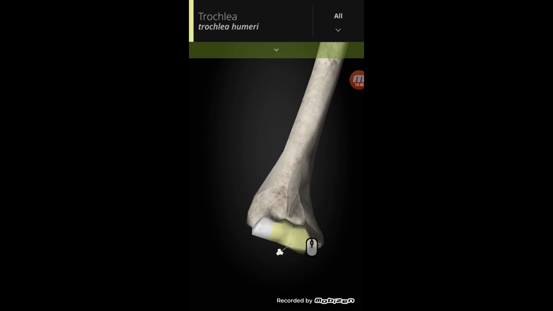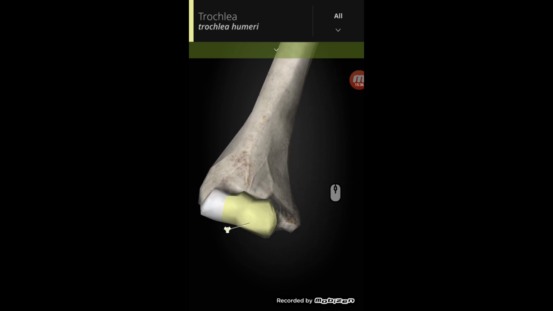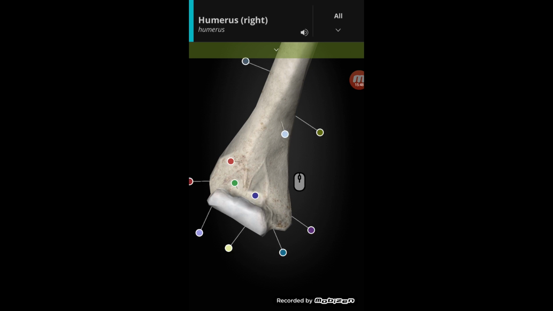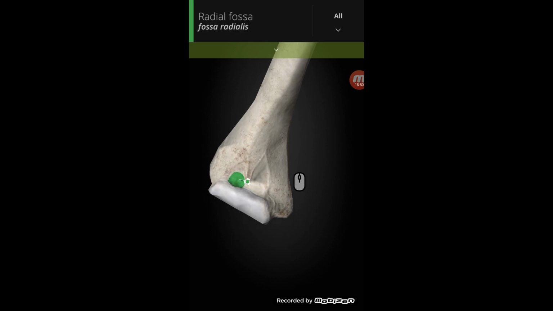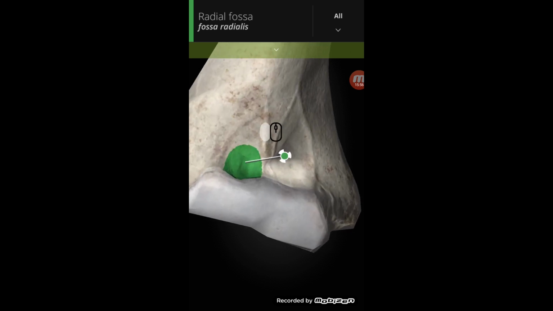Here you can see this part forms articulation with the trochlear notch of the ulna. So this is the coronoid fossa because it accommodates the coronoid process of the ulna, and the radial fossa accommodates the radial head.